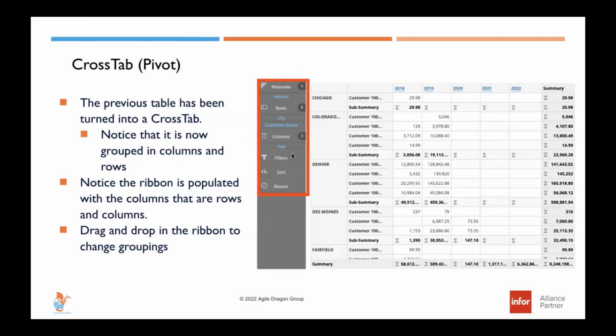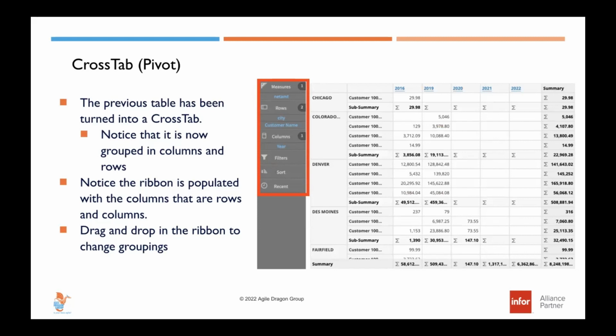Now, crosstabs allow you to show data in both rows and in columns. This is an example of a crosstab from the same table that we saw in the previous slide. You'll notice that in rows, we're showing data for both city and for customer, and in the columns, we're showing the data of year.